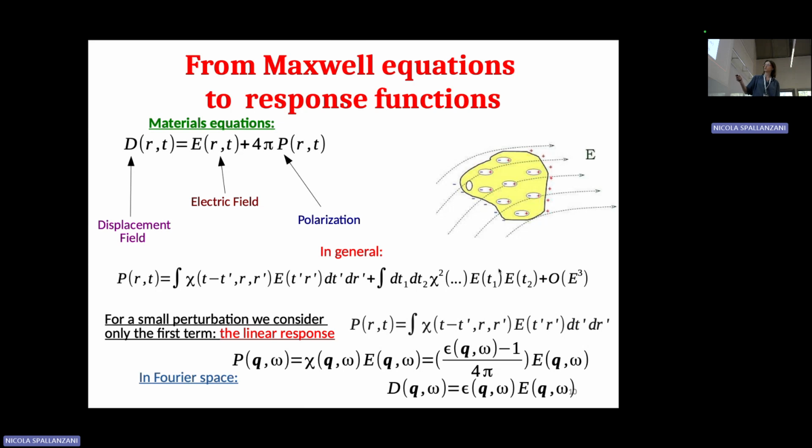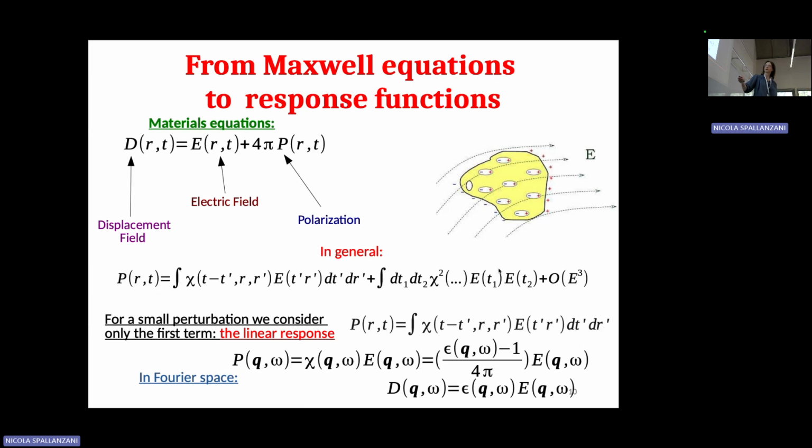This is the linear response theory, and you see that chi in general depends on r and r prime. If the dependence goes like r minus r prime, we do the Fourier transform and we obtain the polarization in terms of the vector q and the frequency omega.